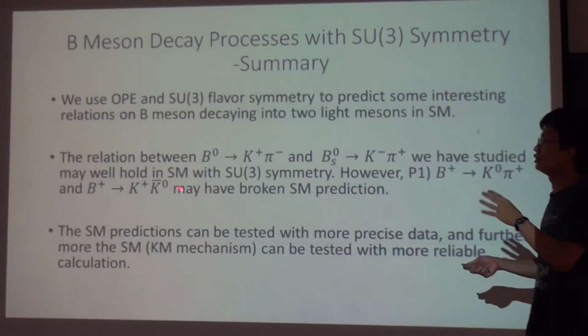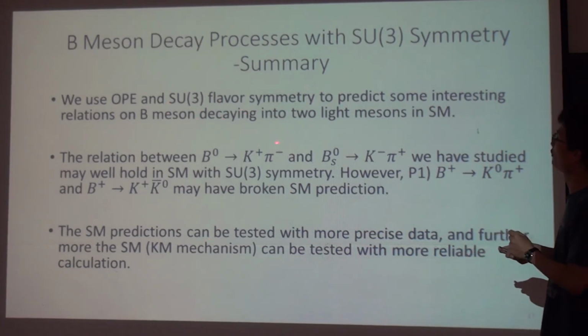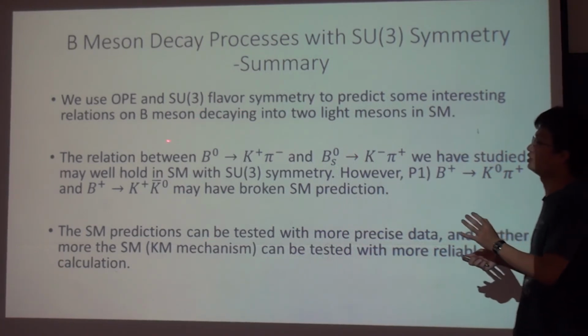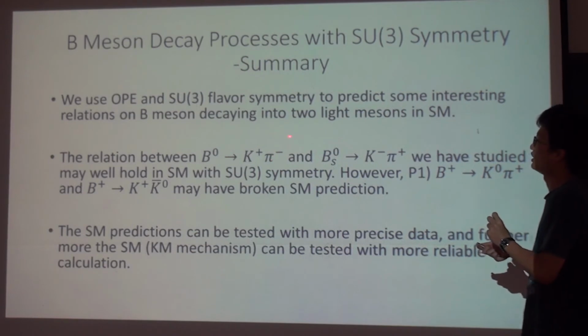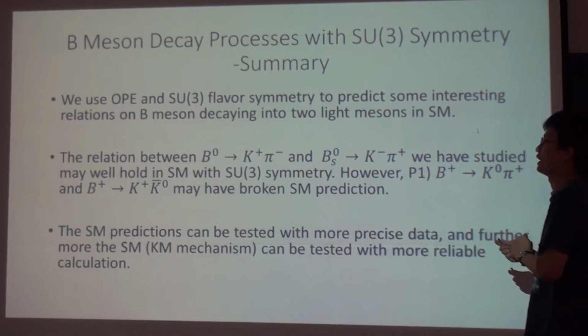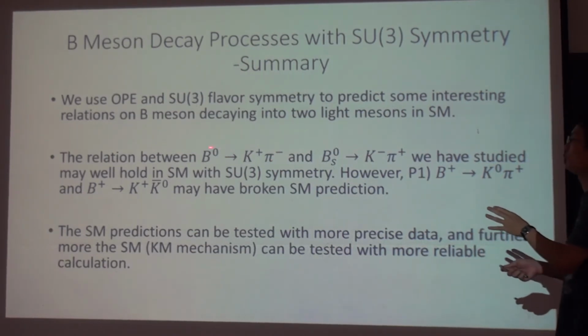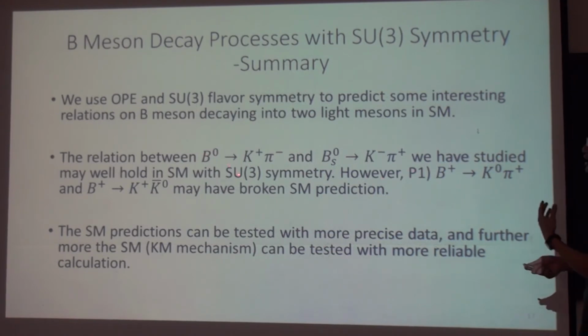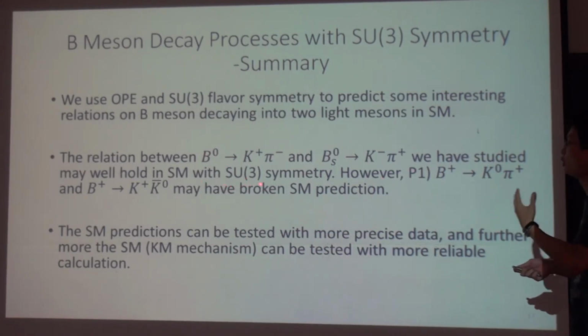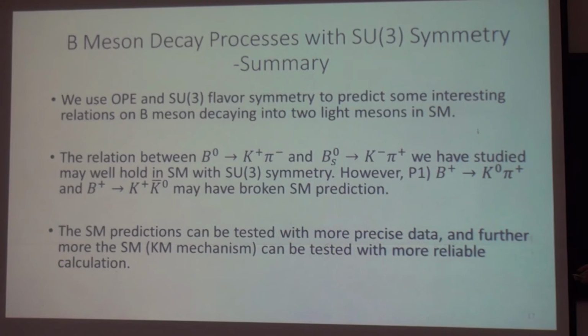We use the OPE and SU3 flavor symmetry to derive some interesting relations on meson decay into 2 mesons in the model. And the relations we derived hold well. However, we have discovered that the other processes we also studied may have broken the model prediction.